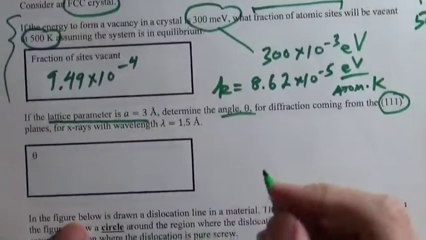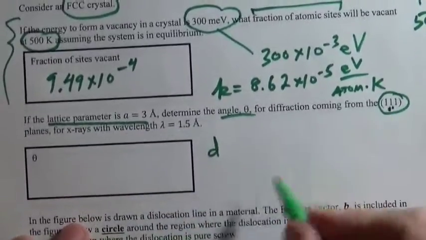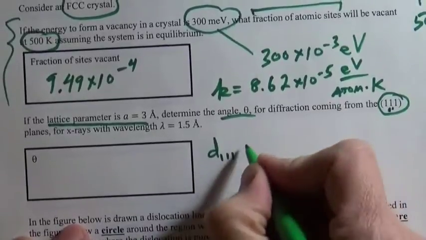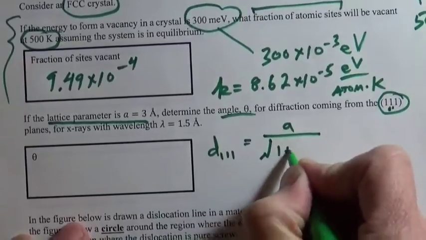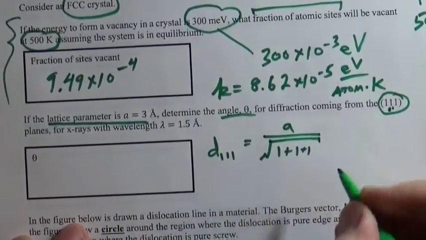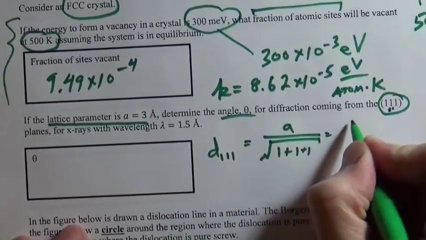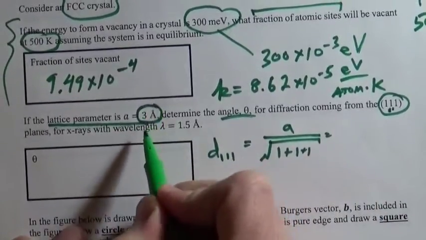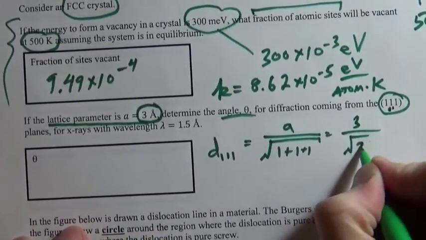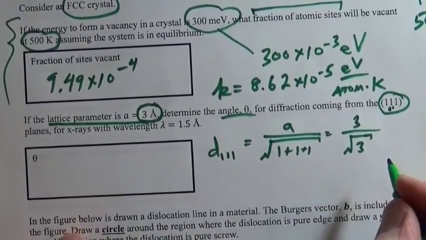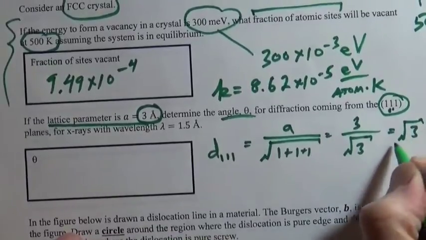So we have d_hkl, and these are the 111 planes, so d_111 is equal to a divided by the square root of 1 plus 1 plus 1, the square root of 3. In this case, a is 3 angstrom. So put in 3 over square root 3, which is equal to the square root of 3 angstrom.